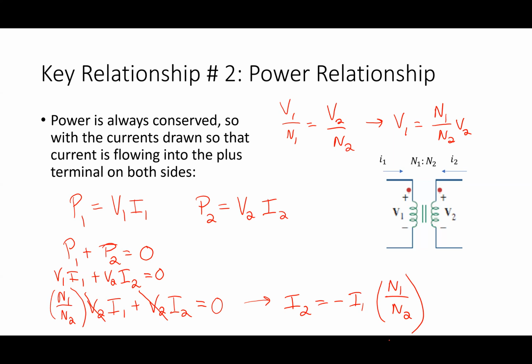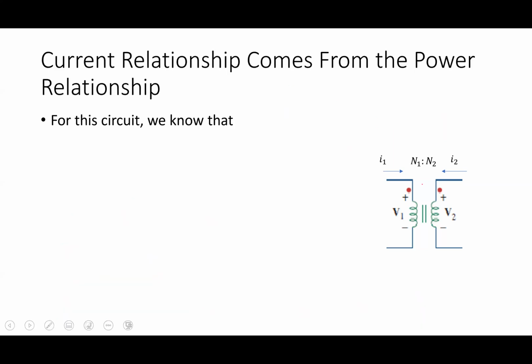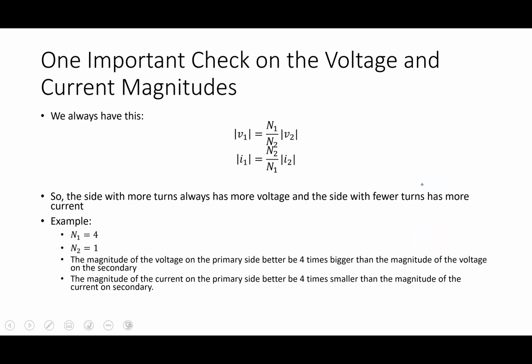So if I have an example with 4 turns and 1 turn, V1 over 4 equals V2 over 1, which says that V1 is 4 times V2.